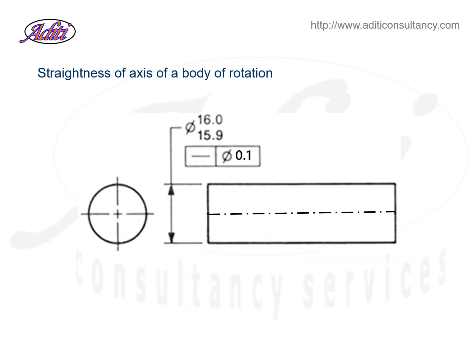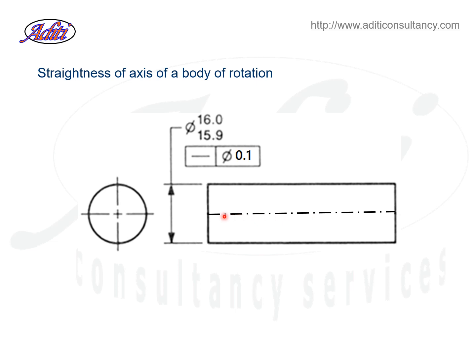Now, when you show straightness like this with a diameter symbol placed before the tolerance value, you are not controlling straightness of surface, but you are controlling straightness of axis, means this line. This axis is an imaginary line.